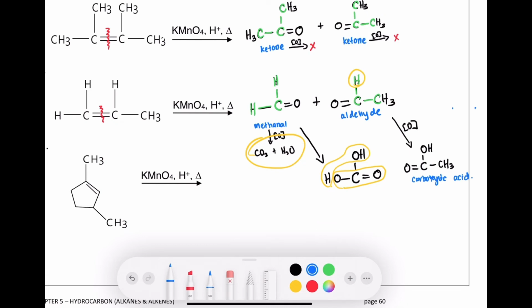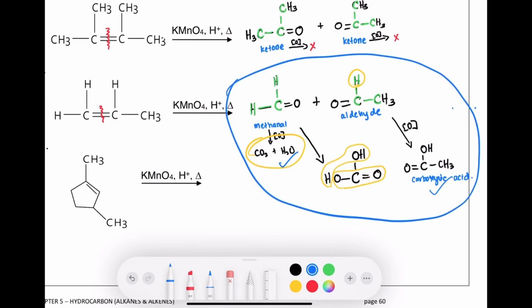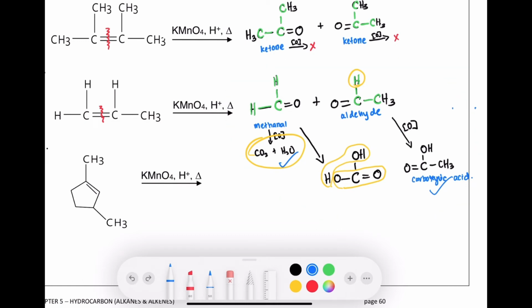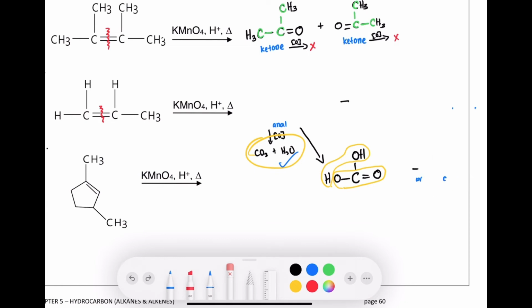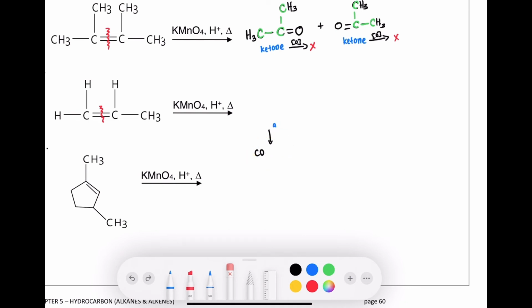Okay, now, as we know the final answer is this and this. So in the exam, you don't need to write all this. Instead, the only thing that you need to write is the final answer, which is just CO2 plus H2O, the product from this.